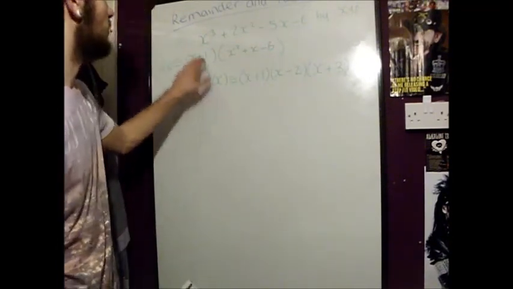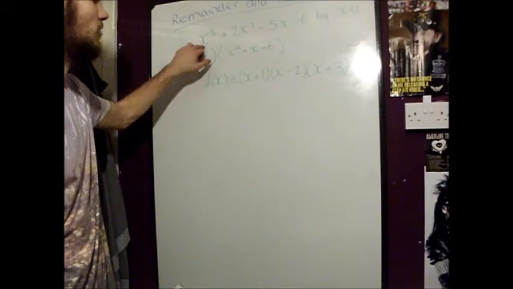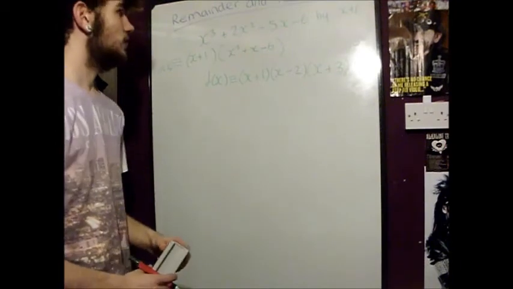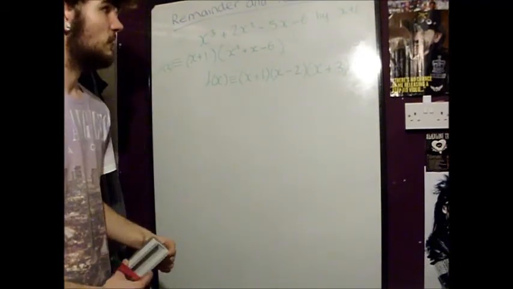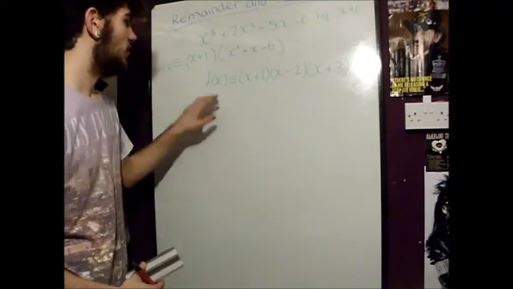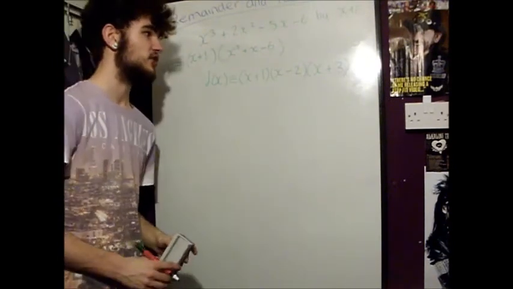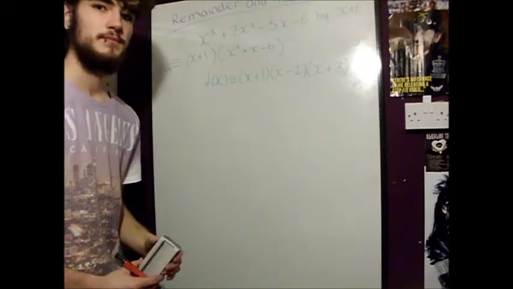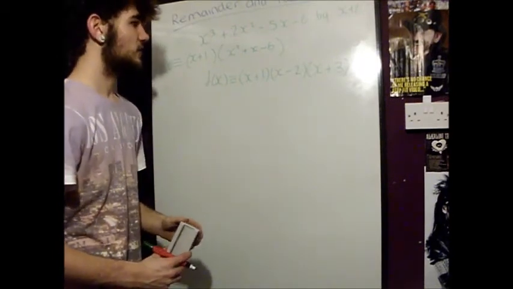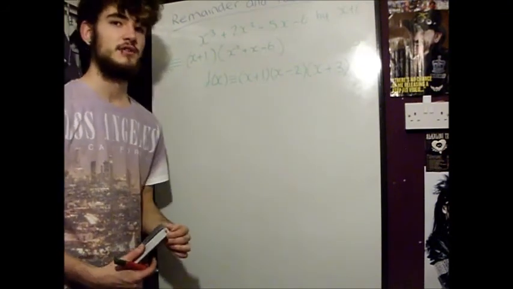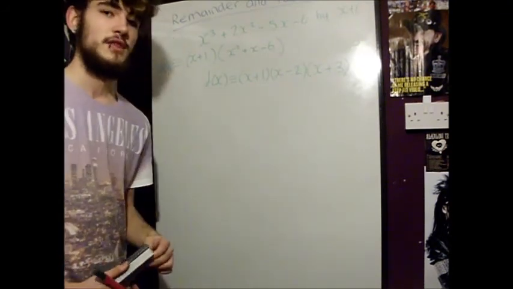And here's the cubic equation fully factorised. So x cubed plus 2x squared minus 5x minus 6 will always equal x plus 1 times x minus 2 times x plus 3. And that is more on division of polynomials and using the factor theorem and the remainder theorem.